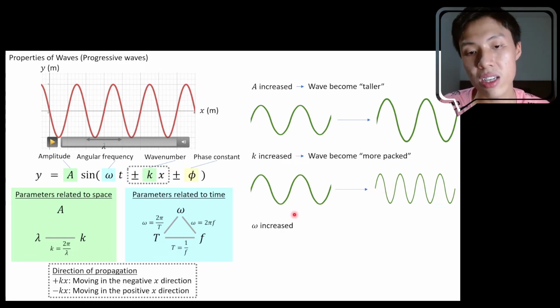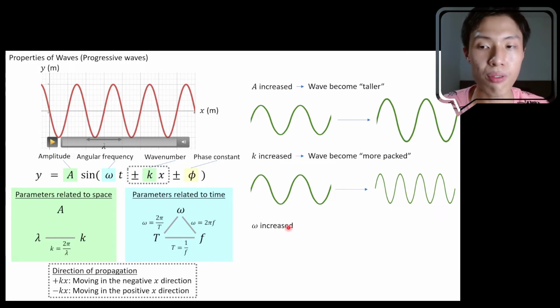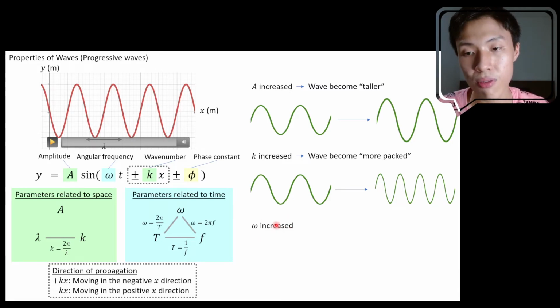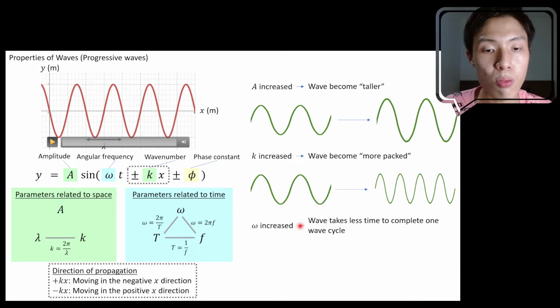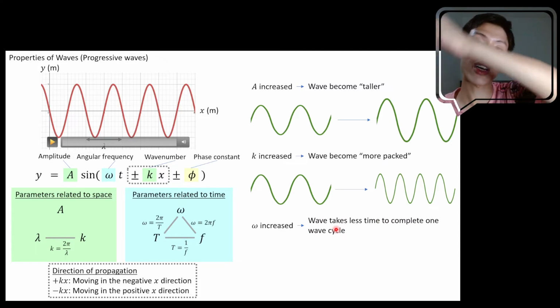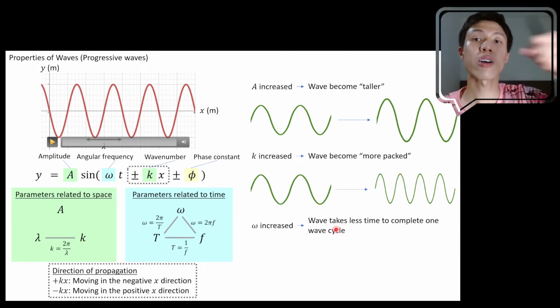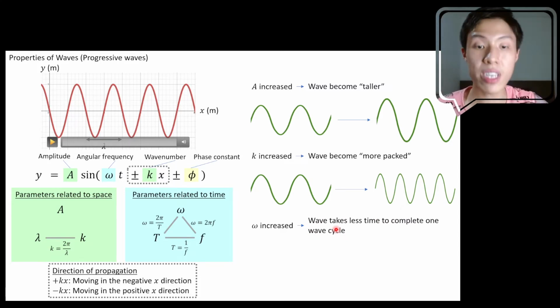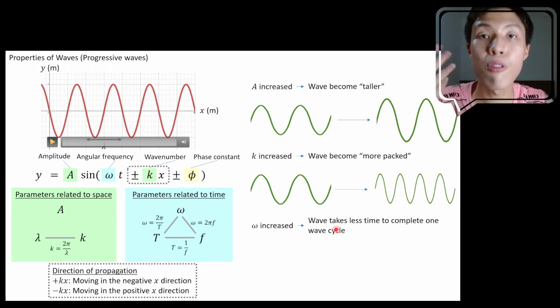Next, if we increase the angular frequency, then you have a smaller period. A smaller period means you take less time to complete one wave cycle. So if previously one wave cycle takes this much time, now it takes less time, and you see the wave cycle progress faster.